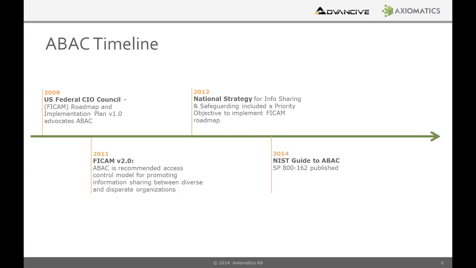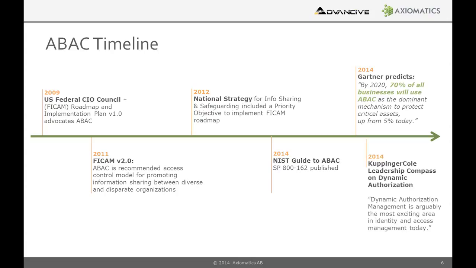That report is called 800-162. I highly recommend that you all read it if you have not done so already. It goes into the basic definitions of ABAC as well as advanced topics on how to best deploy your ABAC strategy, who to bring together within the enterprise, which roles you need to have, how to establish policy requirements gathering, and so on and so forth. It's a very, very good report.